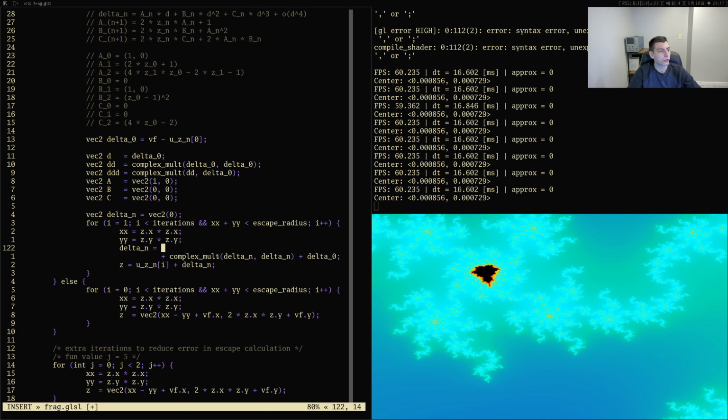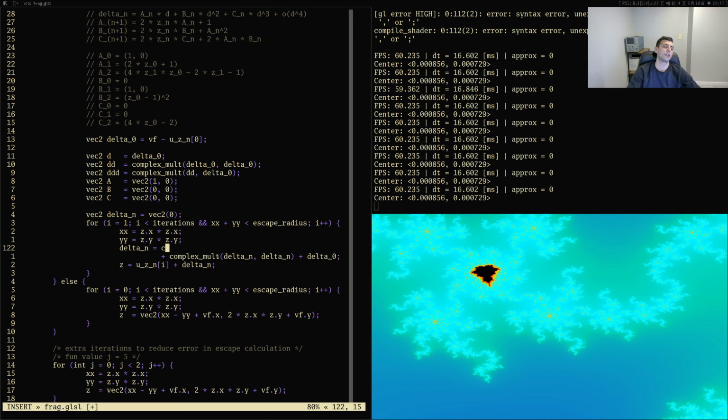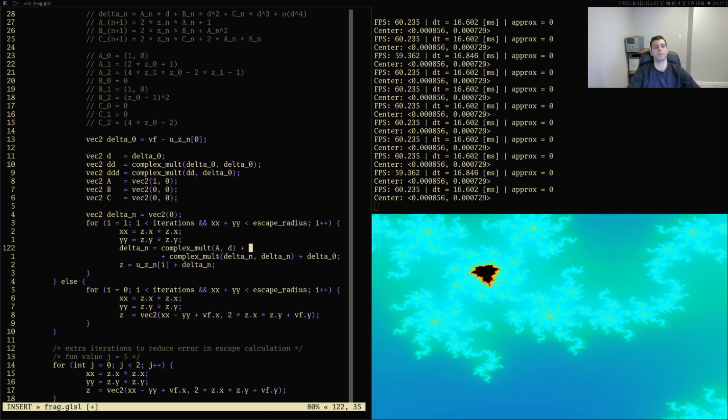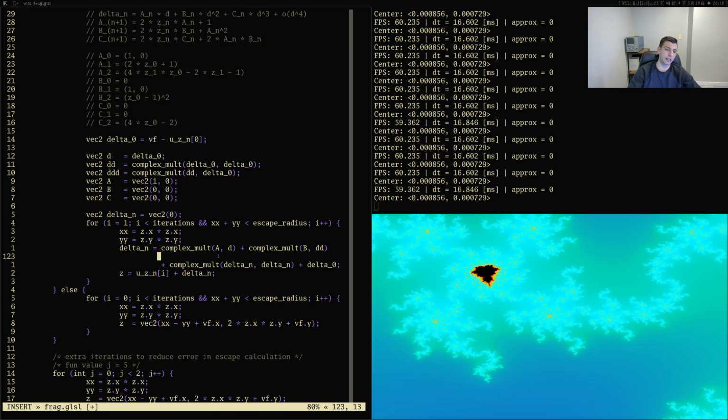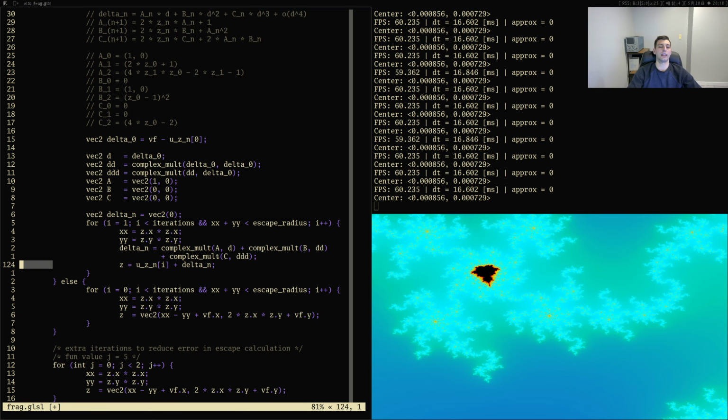Delta n is going to be equal to A, so complex mult A times B, plus complex mult B times dB, plus complex mult C times dB d. Okay, and that is looking good.